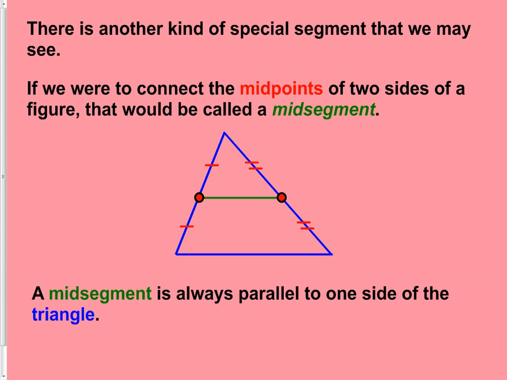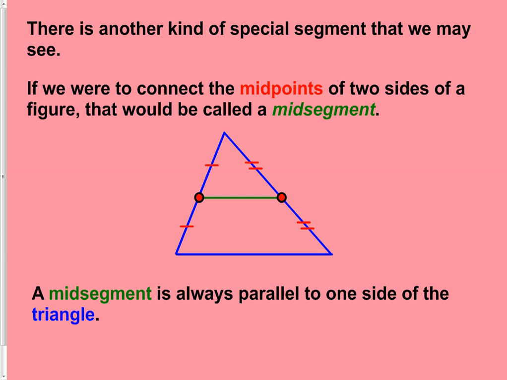Okay, one other little rule that shows up from time to time is this one, and it's called the mid-segment theorem. Okay, and the mid-segment theorem deals with the idea that if you take a triangle, and connect the midpoints of two sides of that triangle. Okay, so like on the left, we figured out where the midpoint is. On the right, we figured out where the midpoint is, and we connect those two midpoints.